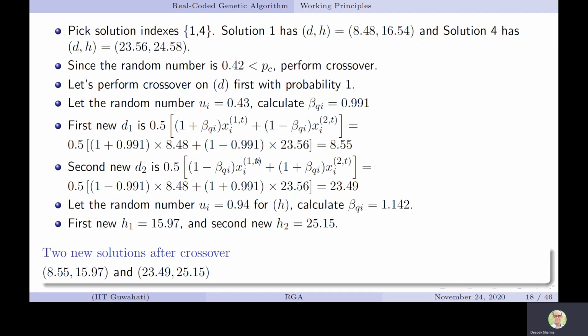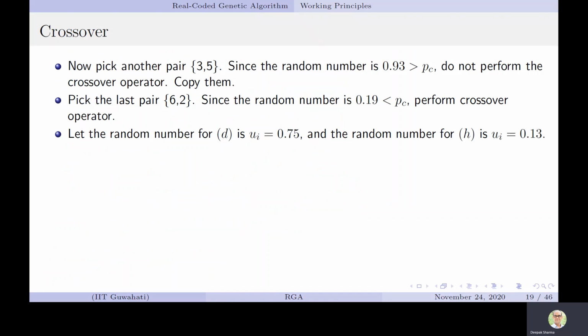By putting them into the same formula, we get H1 as 15.97 and H2 as 25.15. So what are these two solutions? D1 and H1 become the first solution and D2 and H2 become the second solution. These are the solutions we get after crossover.